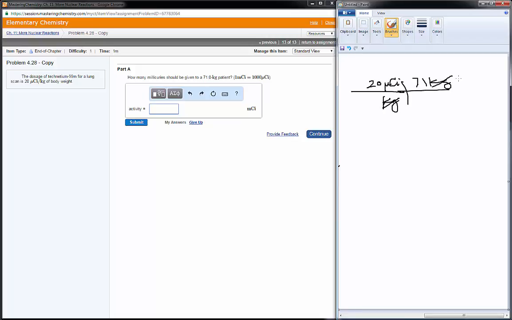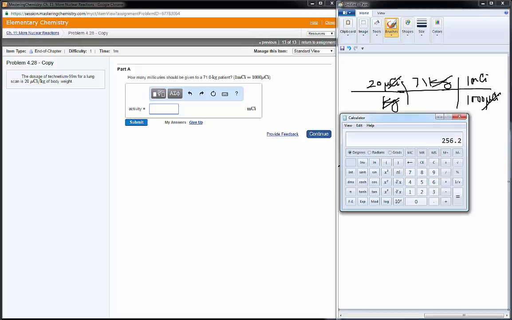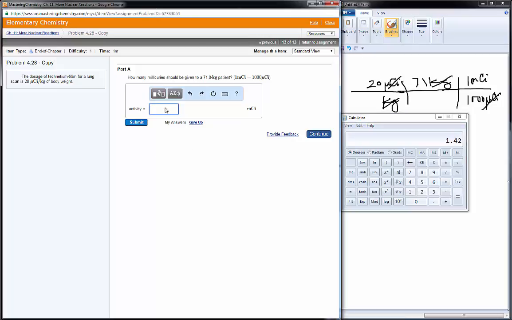Your numbers might be different than mine. And finally, they tell us that we've got 1 millicurie in 1,000 microcuries. We've got to put it there, so the microcuries will cancel. And if we do that, we can plug that into our trusty calculator and get our answer of 1.42 millicuries.